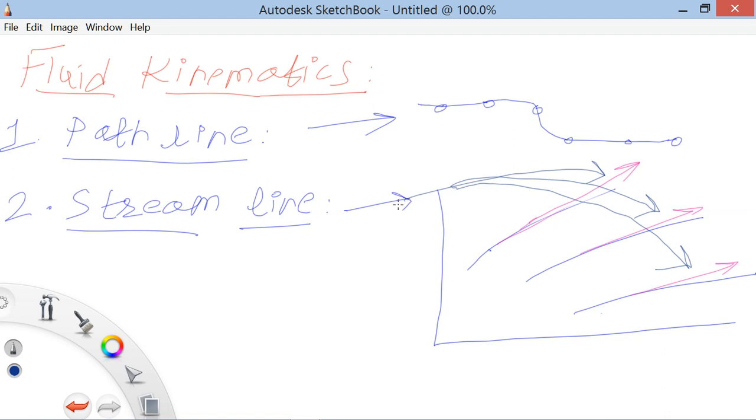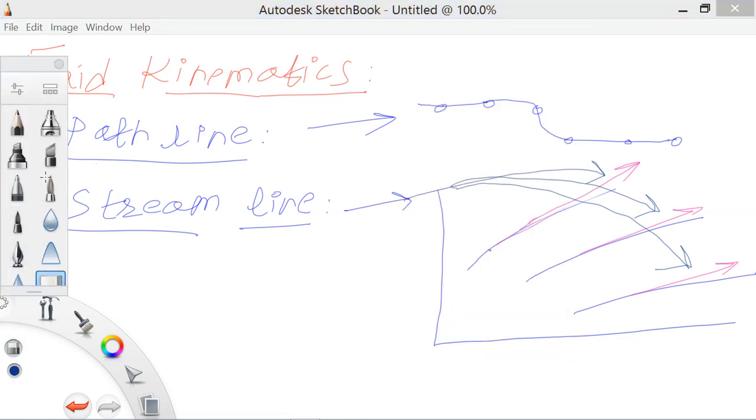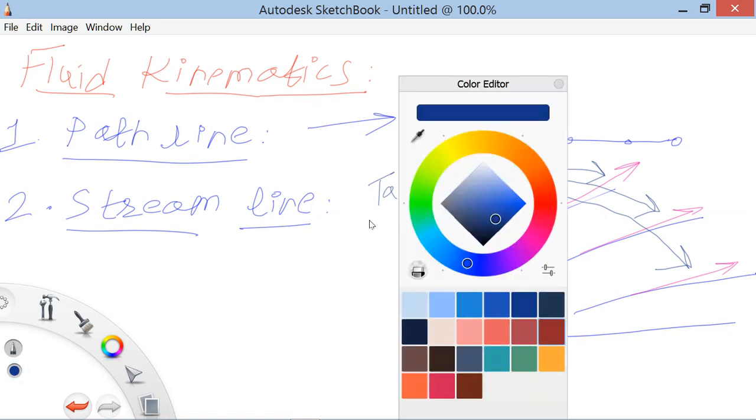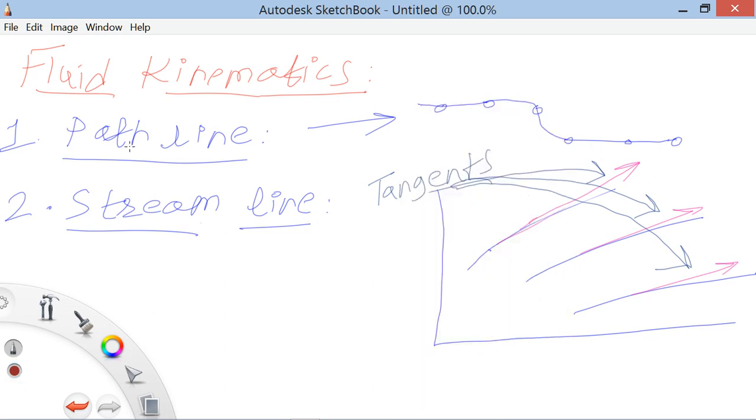So which are the streamlines now? Exactly the pink line or blue line? The blue lines are the streamlines. Now why is this? Because these are the tangents and these are the streamlines.